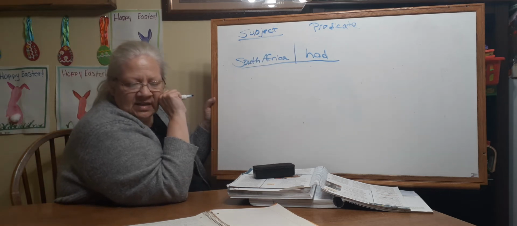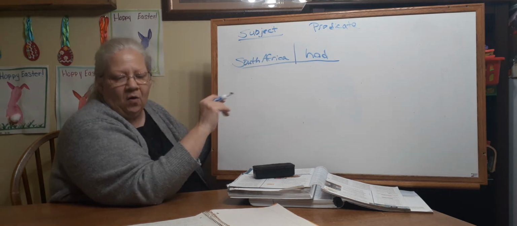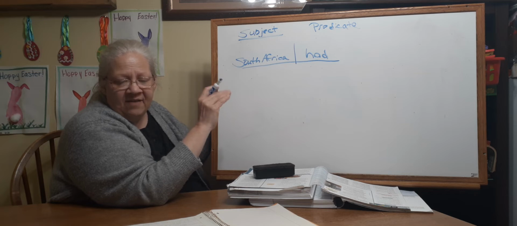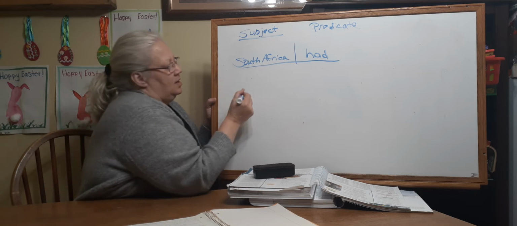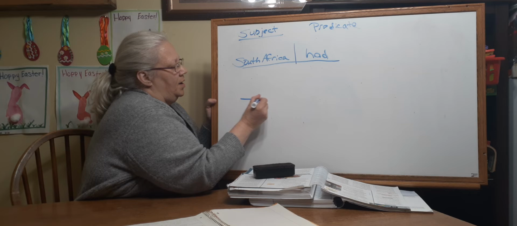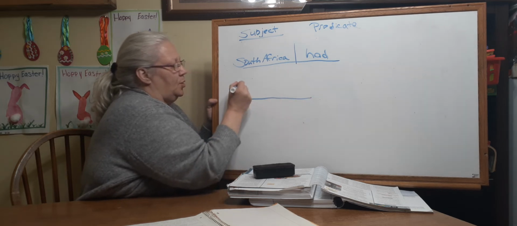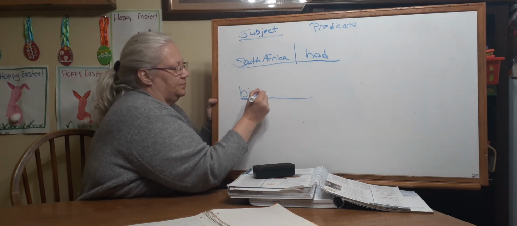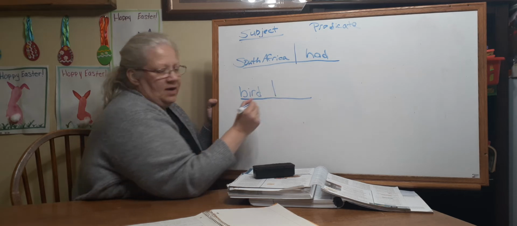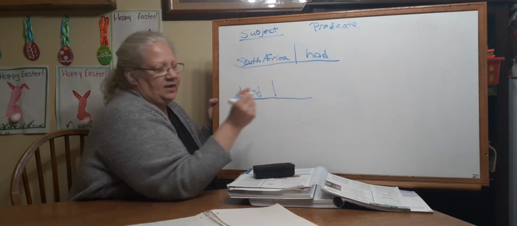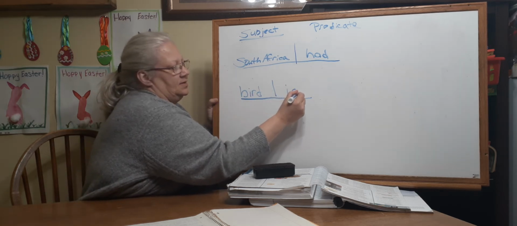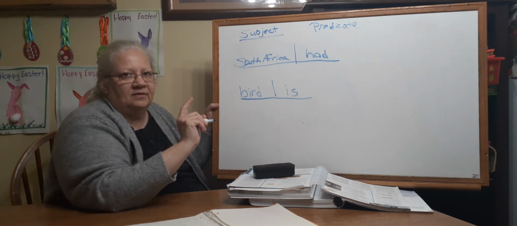If I have an exclamatory sentence that says, wow, that bird is 8 feet tall. Again, what is my subject? Bird. What is my predicate? Is. Doesn't change anything.